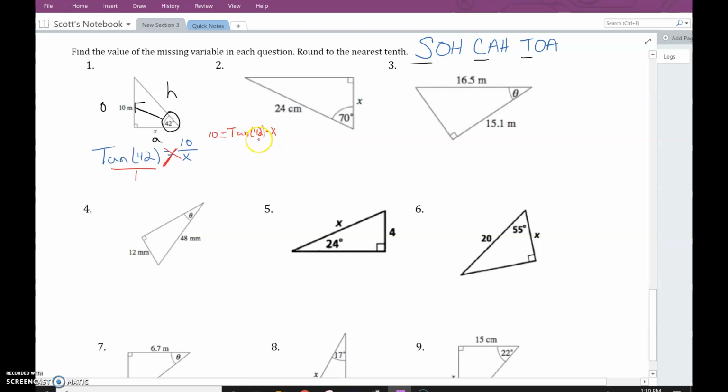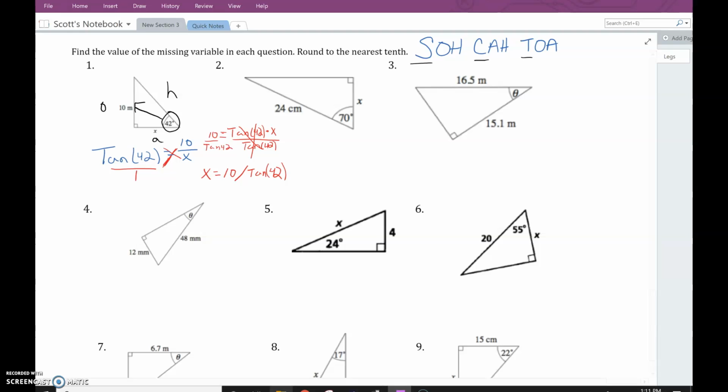To undo multiplication, I have to divide both sides by tangent 42. The tangent with the 42 should always travel together. I can't just divide by a tangent, or just divide by 42. Those cancel out, and I have x equals 10 divided by tangent 42.